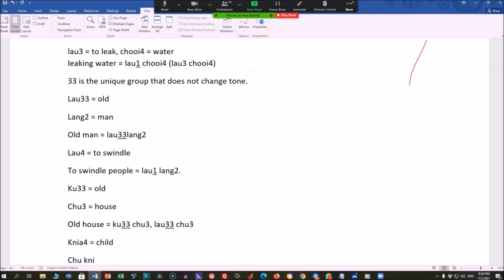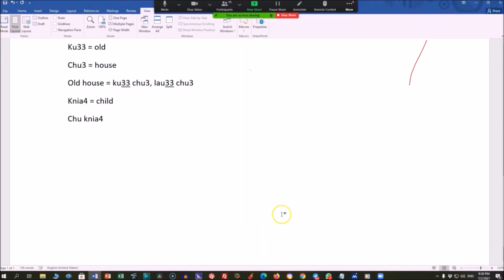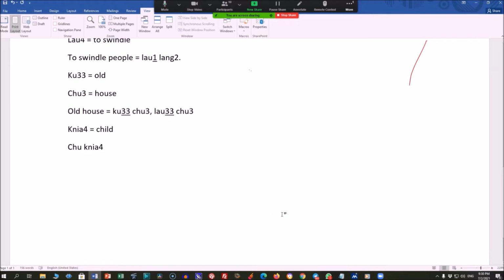Another example, kia. Kia is child. Chu is small. So if a small house is, what number should I put here? Chu is 3 and becomes 1.